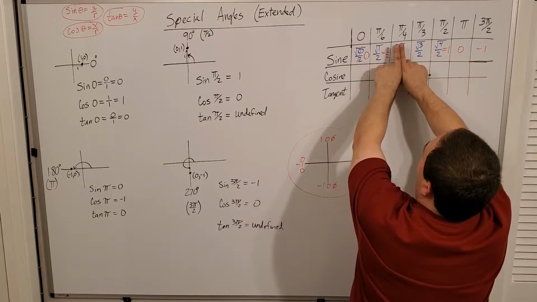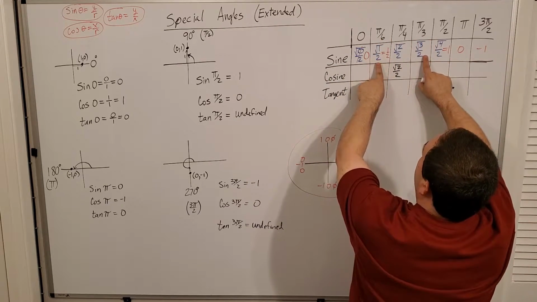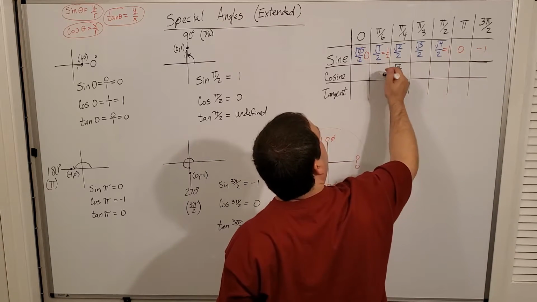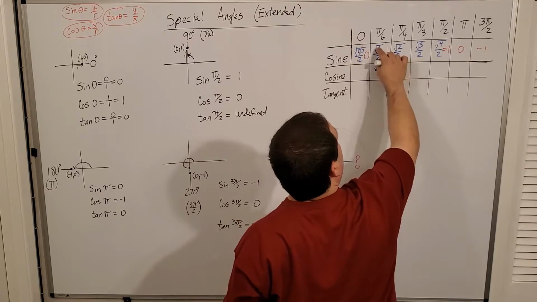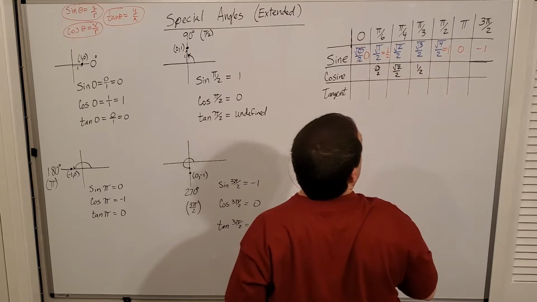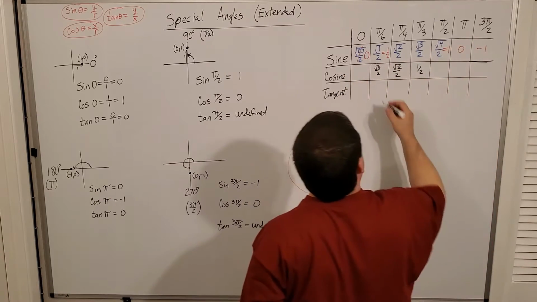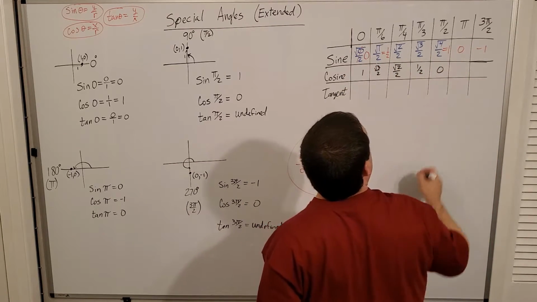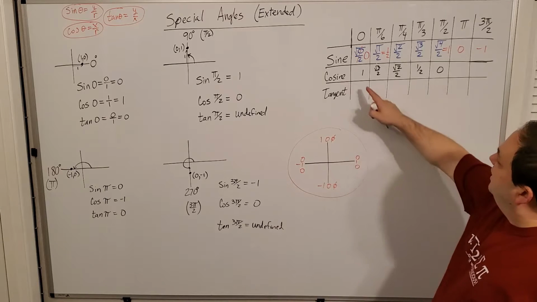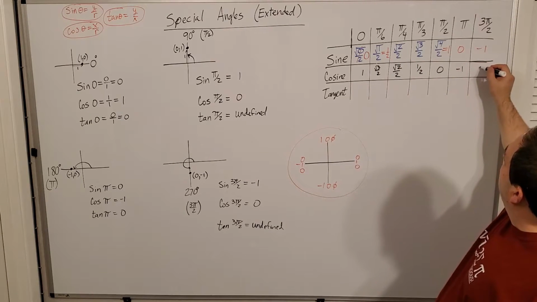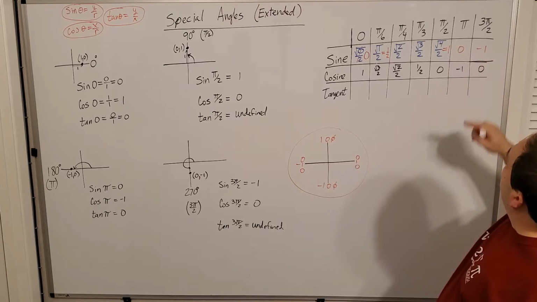So I go out 1 on either side. These 2 are going to switch. So this will be square root of 3 over 2. This one will be 1/2. And here, this is 1 and this is 0. They will also switch. Here's 1 and here's 0. Then you just have to remember that the 0 and the pi have the same pattern. So -1 and 0. See, these are switching also.